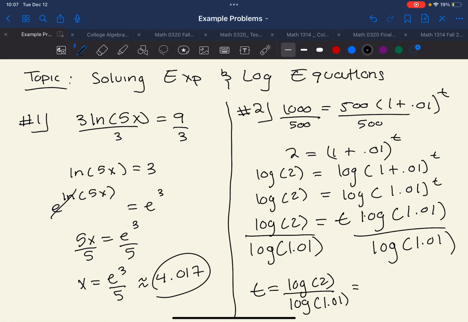So on our calculator, we have log of 2, which is about 0.301. And then we have log of 1.01, which is about 0.0043. So 0.301 divided by 0.0043, we get 70.